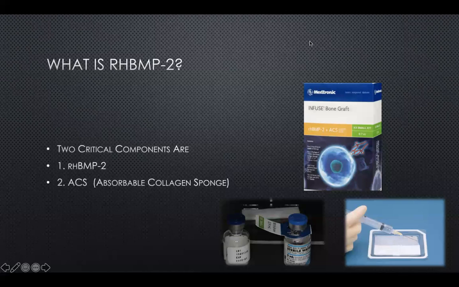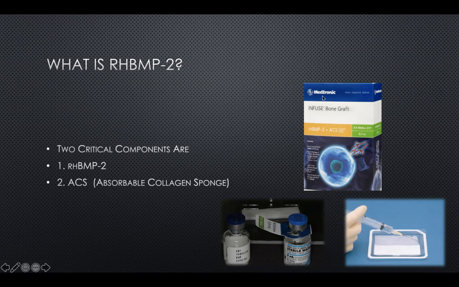So what is this BMP2? It's a recombinant biologic material. It has 2 critical components, and it's developed by a company called Medtronic, and it's called the Infuse bone graft. So it has 2 critical components.